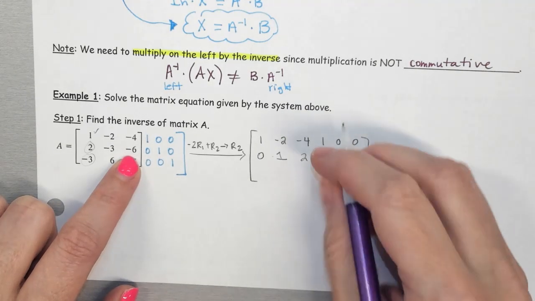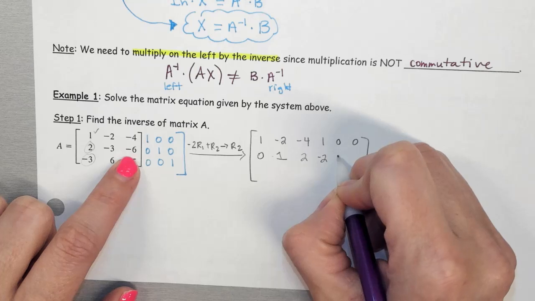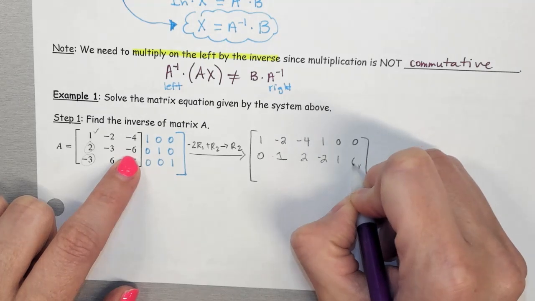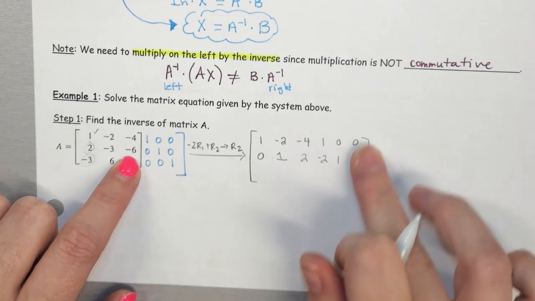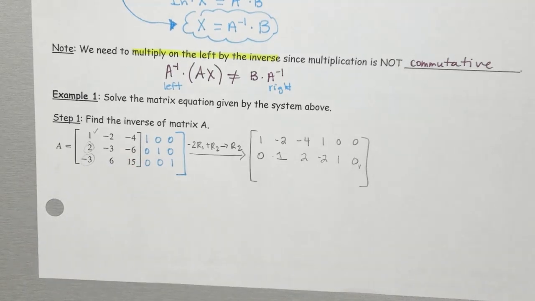Then we got negative 2, and then what do we get for the next one? 1 and 0. So what questions do we have there? Any questions about that stuff?